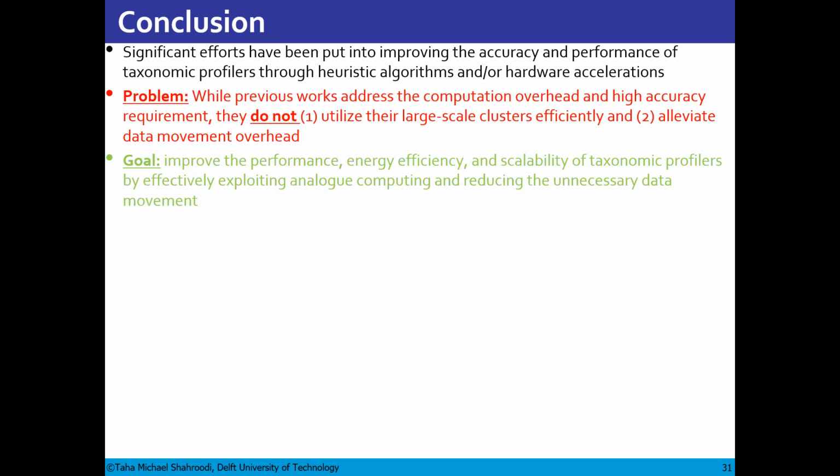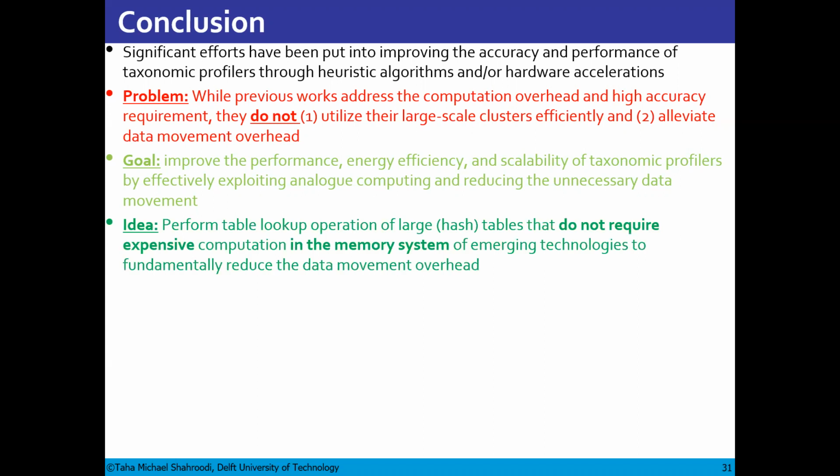Our goal is to improve the performance, energy efficiency, and scalability of taxonomic profilers by efficiently exploiting analog computing and reducing unnecessary data movement. The key idea is to perform the table lookup operation of large hash tables, which does not require expensive computation, in memory systems of emerging technologies to fundamentally reduce the data movement overhead.